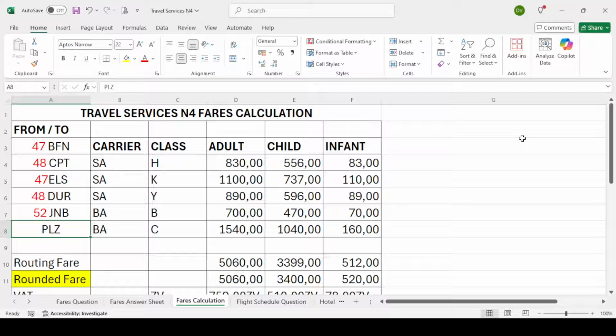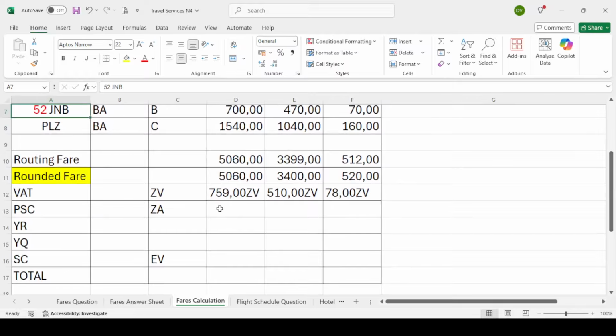That's important. In order for you now to get the total cost of your PSC, you're simply going to add all of those amounts together. 47 plus 48 plus 47 plus 48 plus 52 gives you a PSC charge or total of 242 Rand.